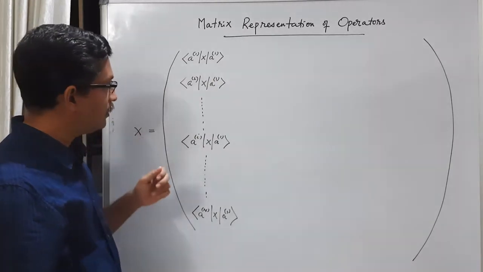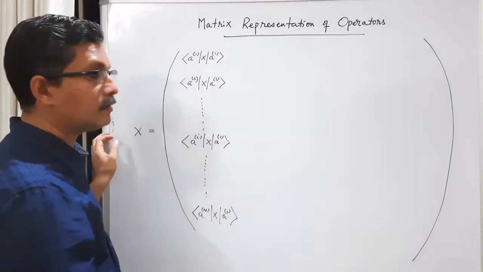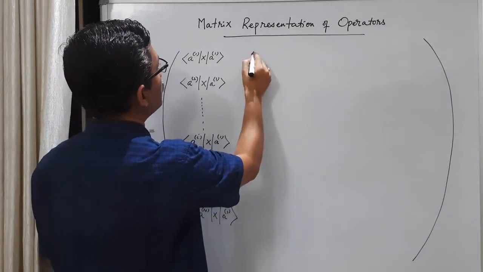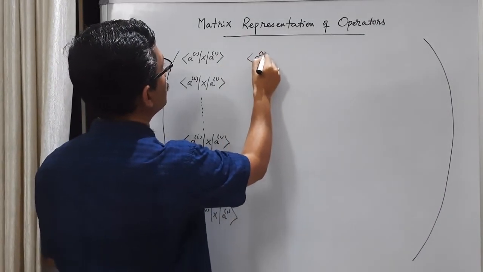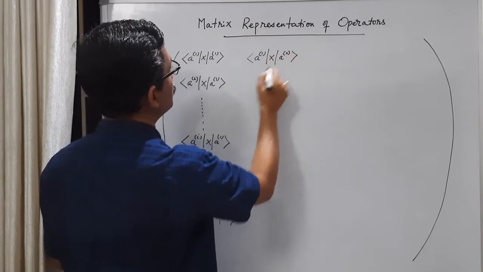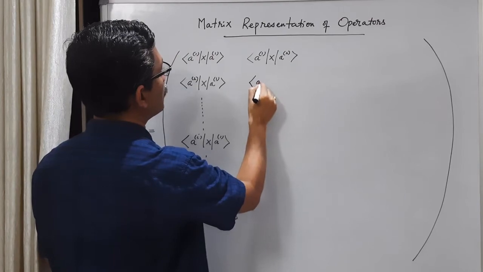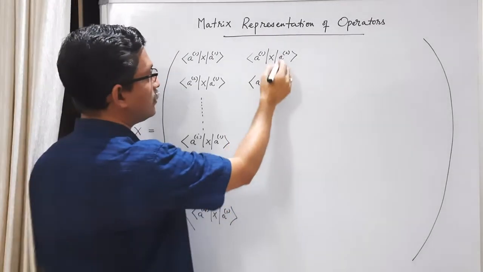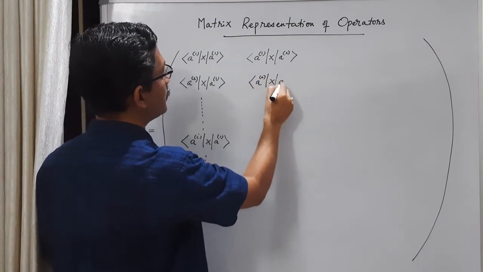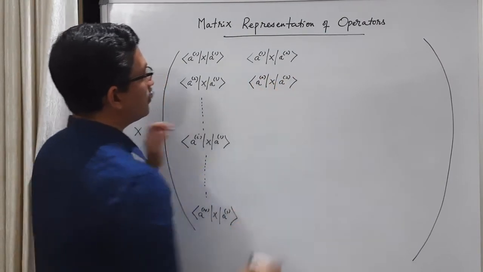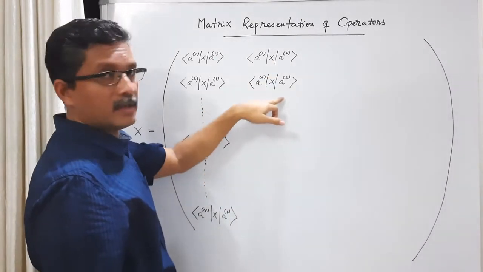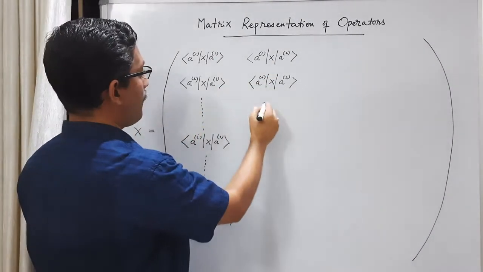Let us write the second column now. The first row, second column: we have ⟨a1|x|a2⟩. Then the second row, ⟨a2|x|a2⟩. This is the row index; we are going to the second row, but the column remains the same, the second column.